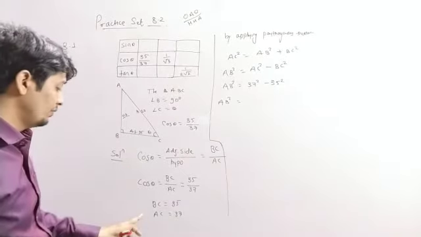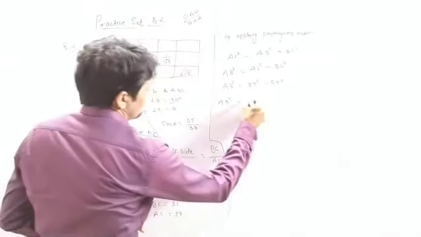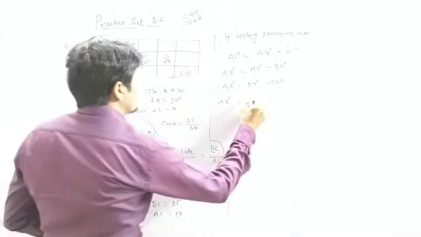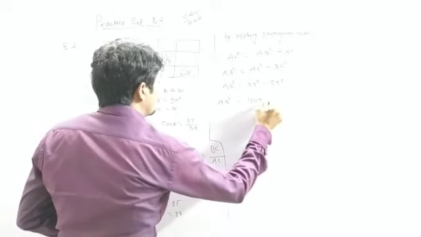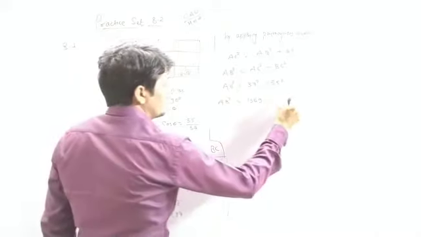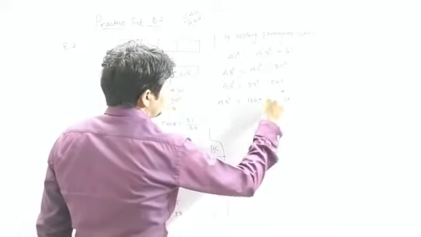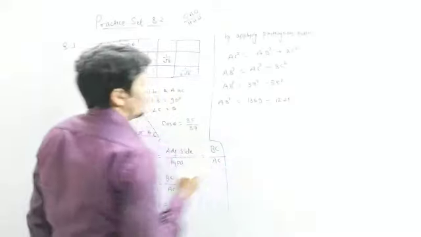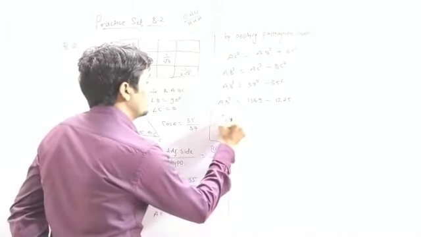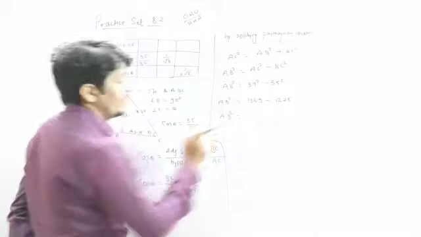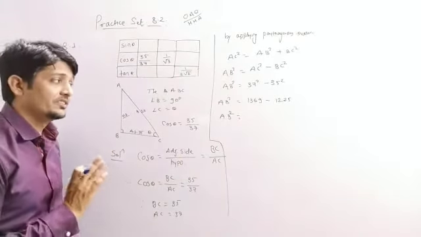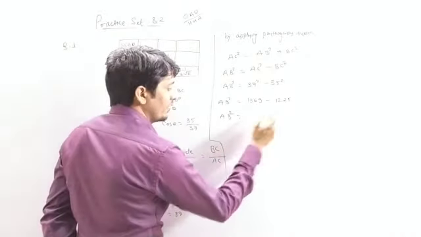The square of 37 is 1369, minus the square of 35, which is, 5 fives are 25 and 3 fours are 12, so 1225. So AB square equals, now we have to subtract 1225 from 1369. So 9 minus 5 is 4.